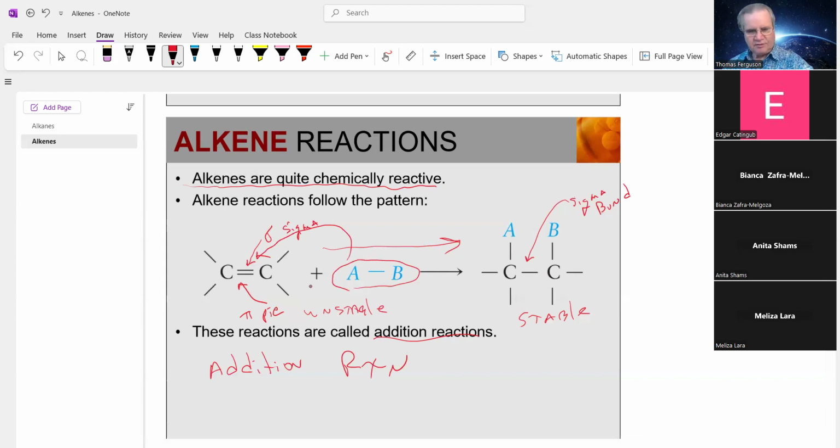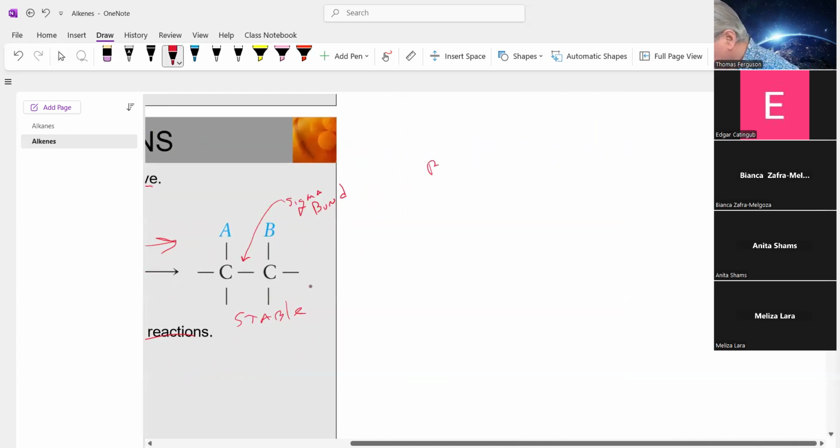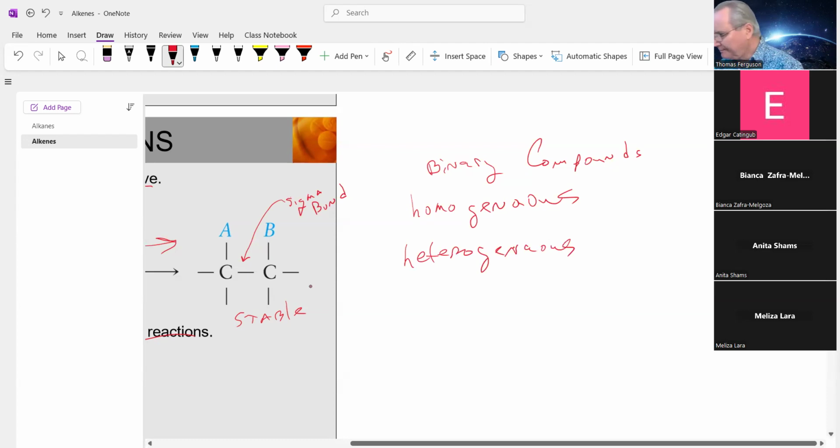Now there's two types of binary compounds: homogeneous and heterogeneous.